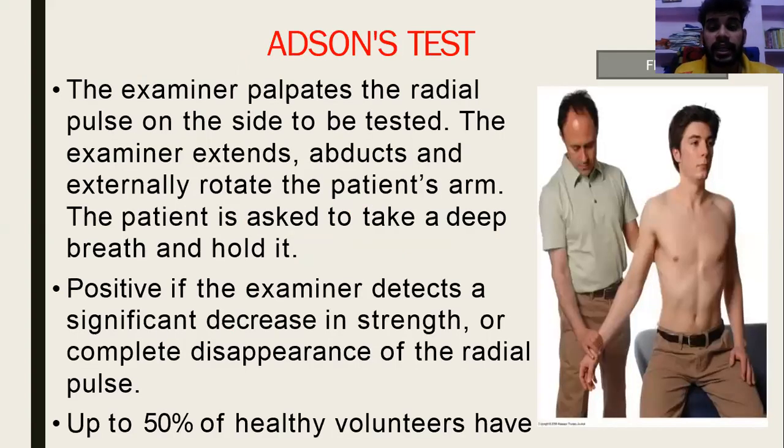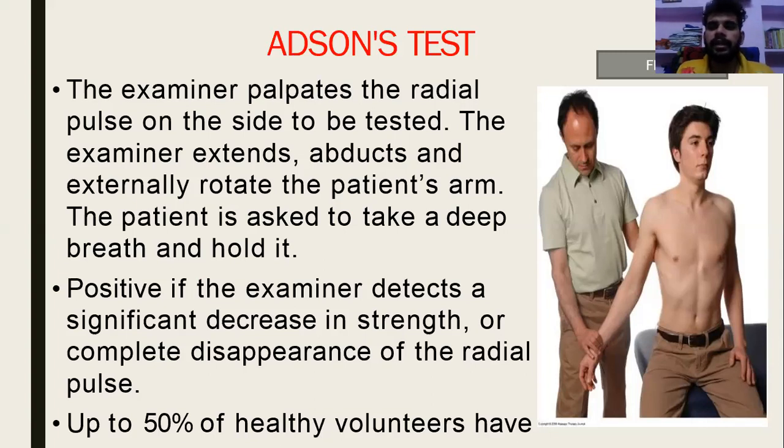First is Adson test. In this, we can fit 50% of healthy volunteers due to examination of the radial pulse, which I said in previous slides.